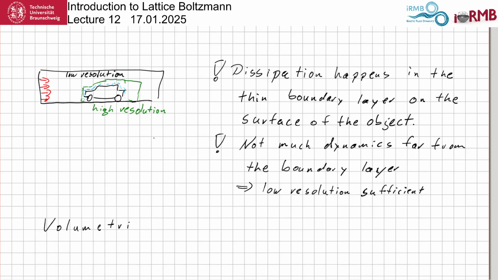Because I think there's a US patent from somewhere around the start of the 90s. So it's more than 25 years old. Yeah. So there's a volumetric grid refinement.